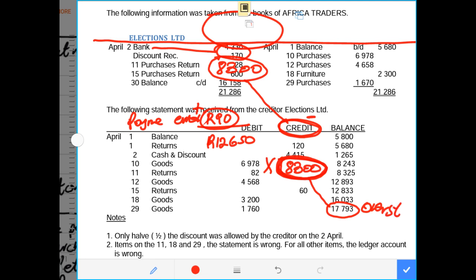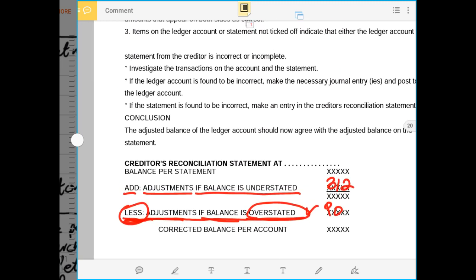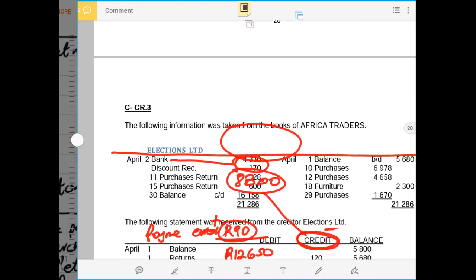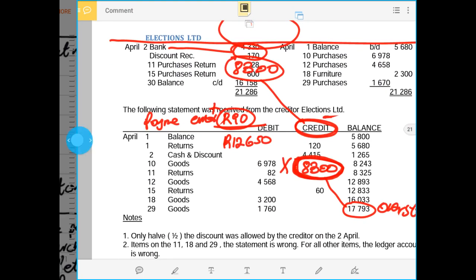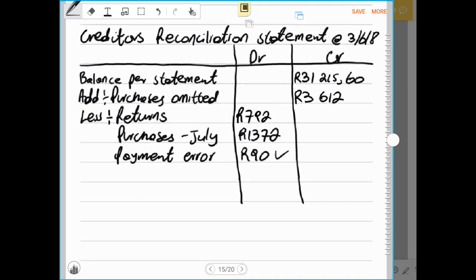So if the balance is overstated, what do we do? We know that if the balance is overstated, we make less adjustments. So the amount of 8,300 must be on the debit side of the creditors reconciliation statement.